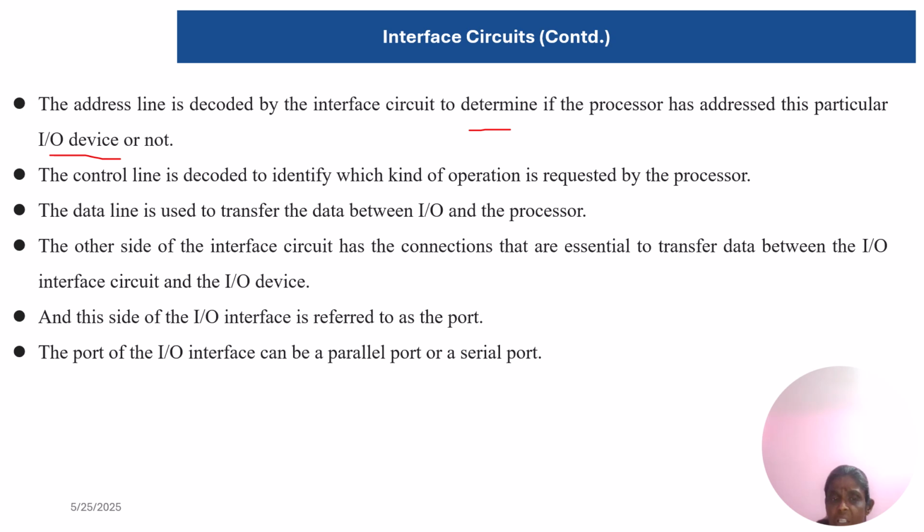The other side of the interface has the connections that are essential to transfer the data between the I/O interface circuit and the I/O device. This side of the I/O interface is referred to as the port. So ports are the pins through which the I/O devices are connected. The port of the I/O devices can be a parallel port or serial port. The I/O interface circuit is adaptable to handle serial data as well as parallel data.